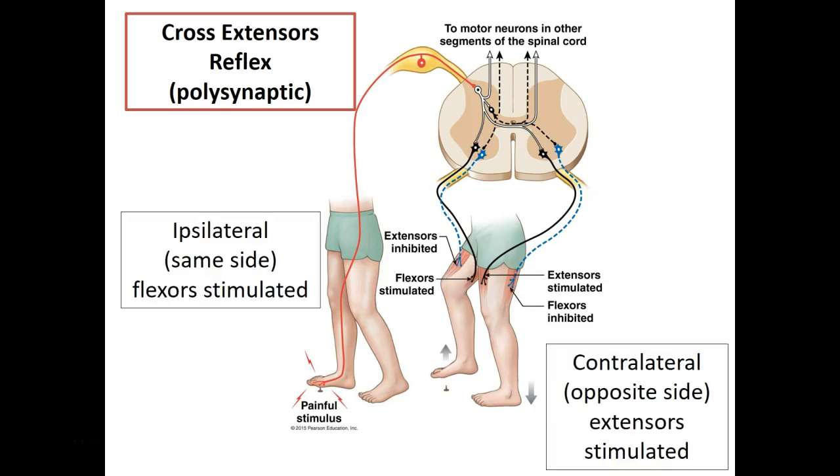Okay. So here, when we talk about information that's staying on the same side, we call it ipsilateral. So we're saying that the leg that was withdrawn was the ipsilateral leg. The one that was prepared to bear weight was the contralateral, opposite side. We're going to use this terminology again when we talk about the brain.